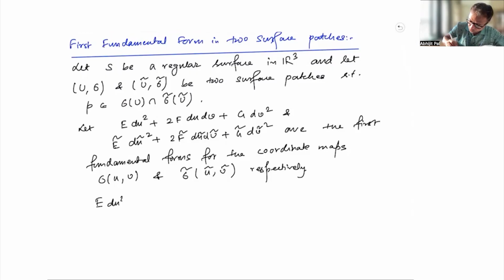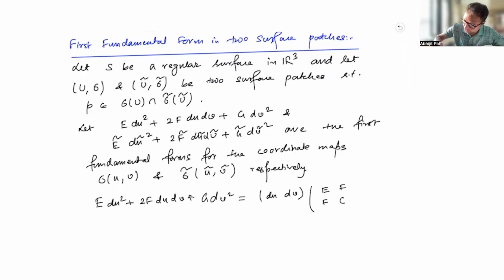E du square plus twice F du dv plus G dv square is equal to the row matrix du, dv multiplied by the matrix E, F, F, G multiplied by the column matrix du, dv.